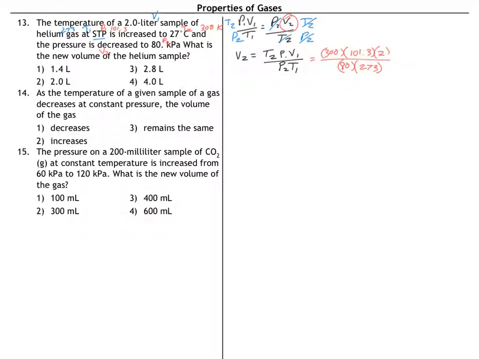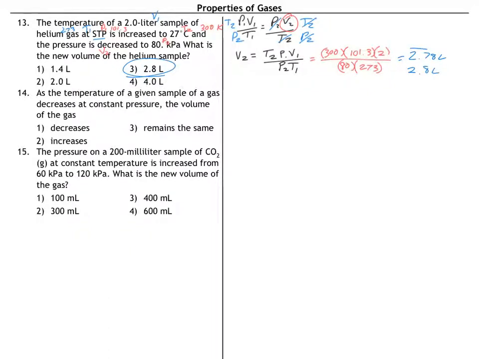So after solving, I got 2.78 liters. And we can use significant figures on this. We should really only be keeping 2 significant figures. So the better answer is probably 2.8 liters. And that matches up with number 3.